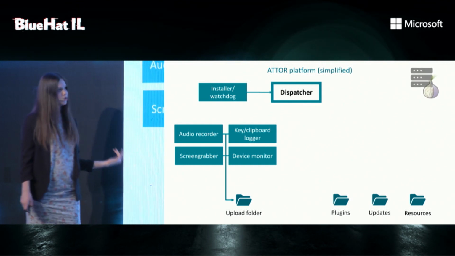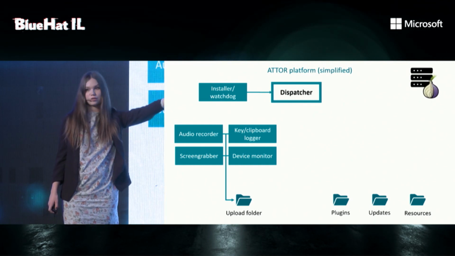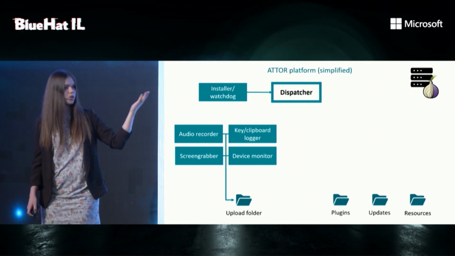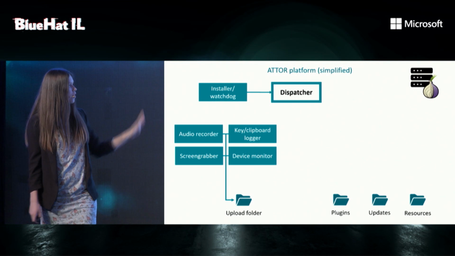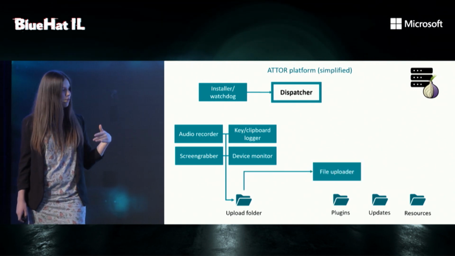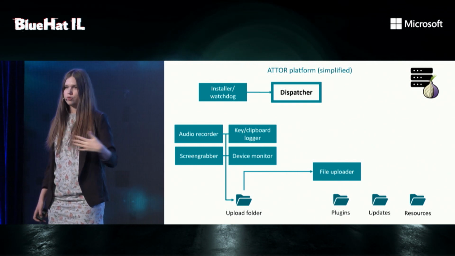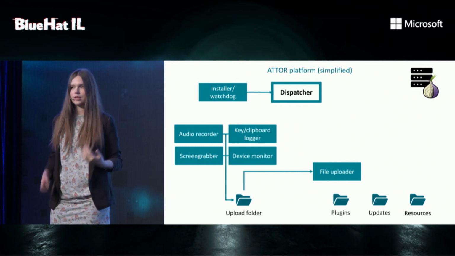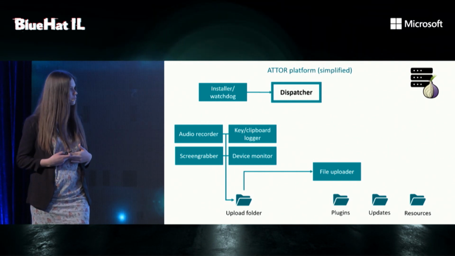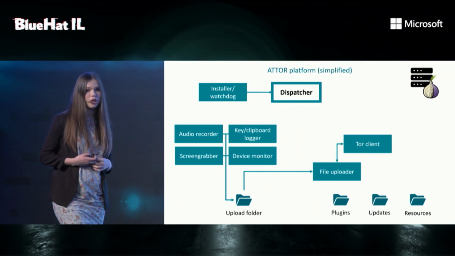Now you may imagine that this information gets ultimately exfiltrated to a C&C server, but this is not done directly because it's a Tor service. So ATTOR is using a series of other plugins to do so. There is a file uploader plugin that regularly checks this upload folder, and if there's any new data, it prepares the data for exfiltration. Then there is a Tor client plugin.